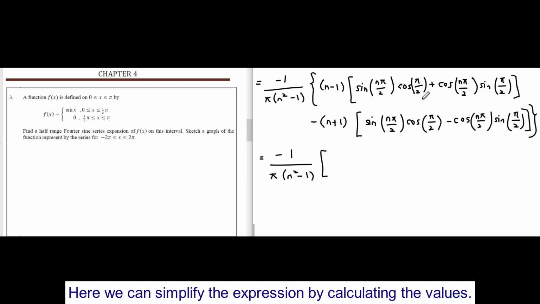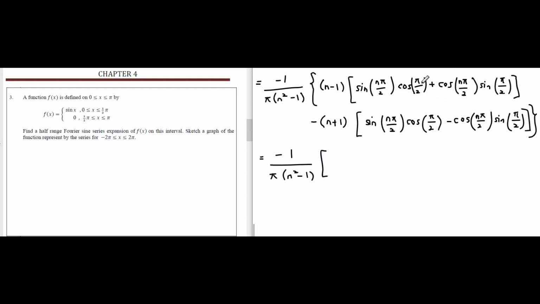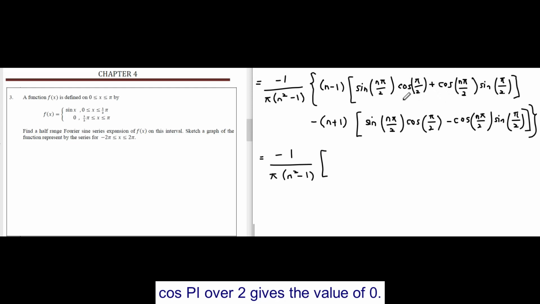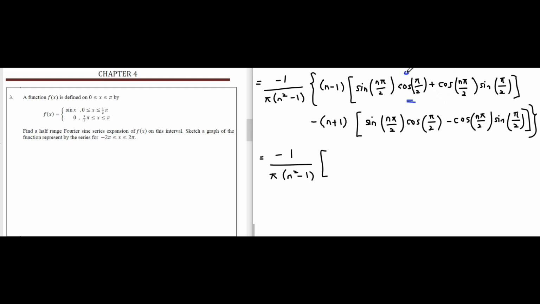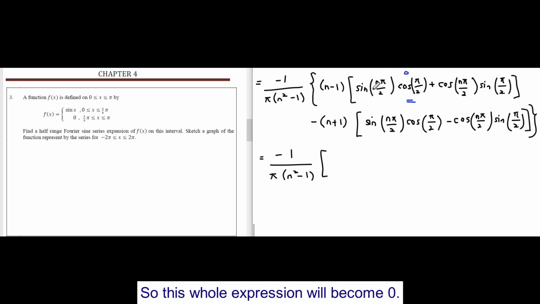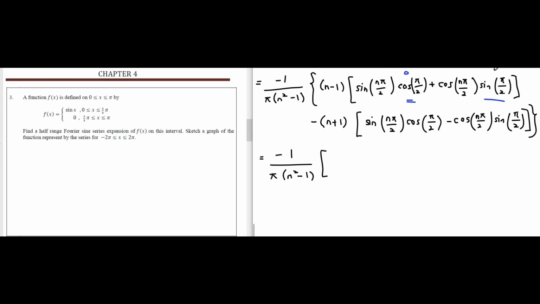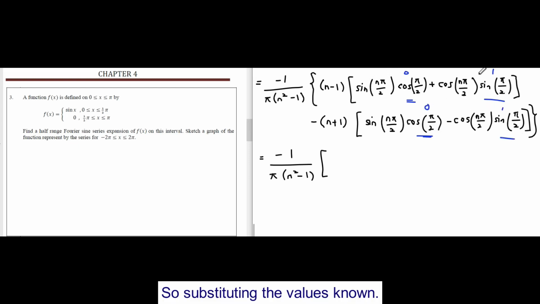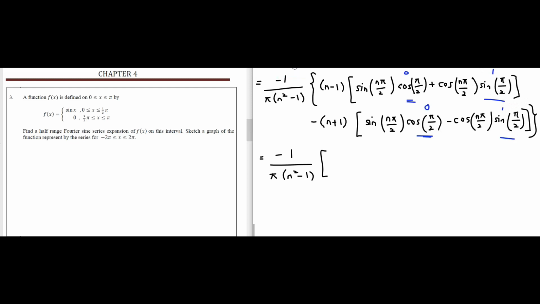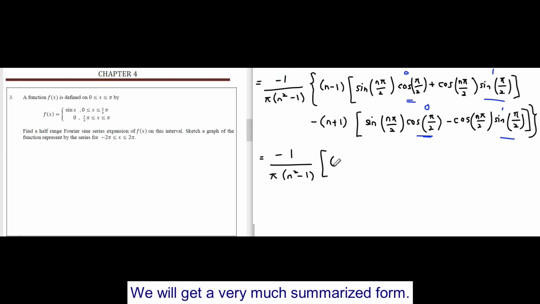Here we can simplify the expression by calculating the values. Cos pi over 2 gives a value of 0. So this whole expression will become 0. Sine pi over 2 gives the value of 1. Cos pi over 2, 0. Sine pi over 2, 1. So substituting the values known, we will get a very much summarized form.